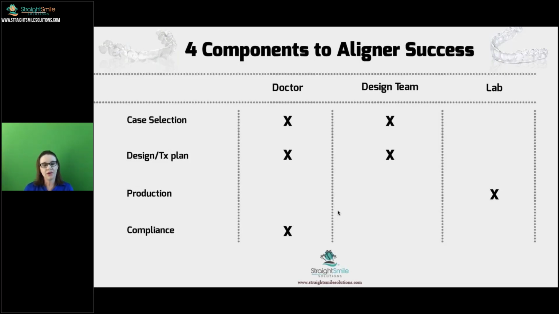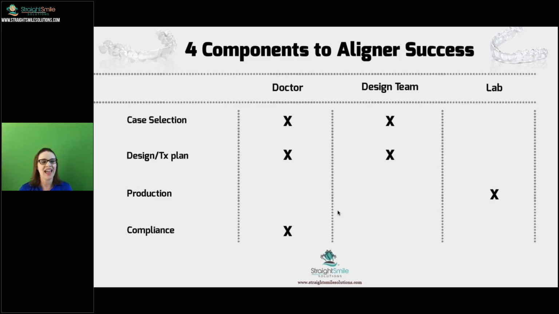The biggest mistake most general dentists I work with make is that they don't realize their own responsibility. Case selection is your responsibility. It's always good to pick easy cases: class 1, mild to moderate crowding, ideally no perio, simple relapse cases.